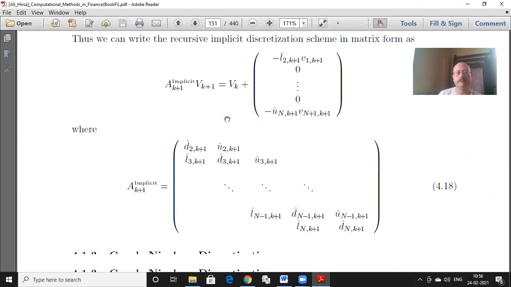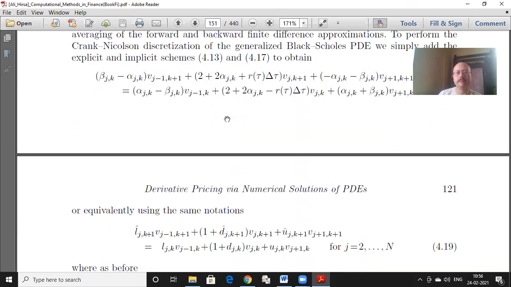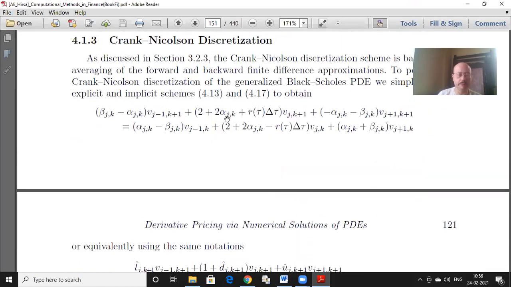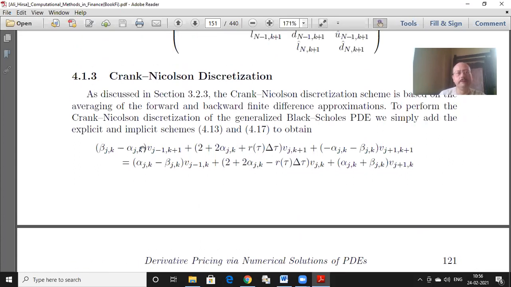So this is the Crank-Nicolson scheme discussion here, and this is the equation system that is written. But there are actually problems with this.